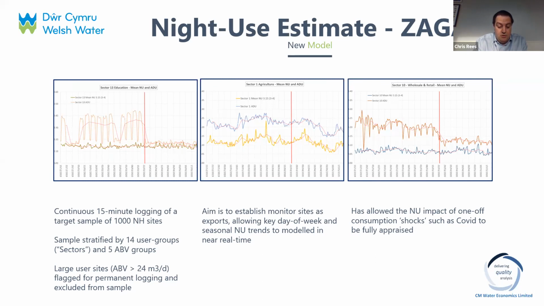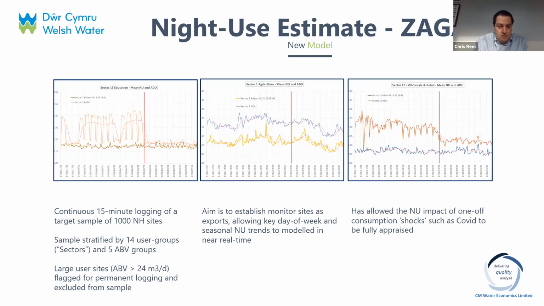Previously, the graph on the slide showed the impact of COVID isolation restrictions on day and night use. Education, for example, on the top left there, exhibits a normal weekday, weekend profile before the lockdown. You can see the spikes and drops between weekday and weekend.